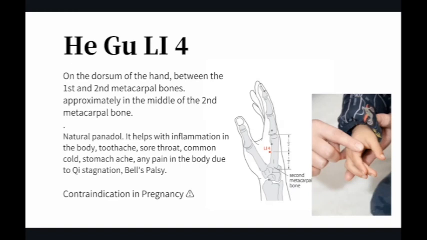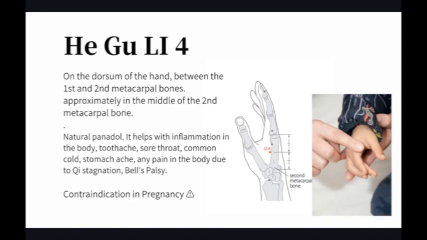This is a natural Panadol that we use in our clinic. It helps with inflammation in the body. If you have gum pain, toothache, sore throat, common cold, stomach ache, or any pain in the body that is due to the liver energy stagnation that we talked about, you can use this point. Also, I use this point to help Bell's palsy patients.